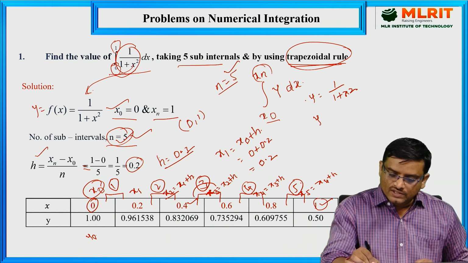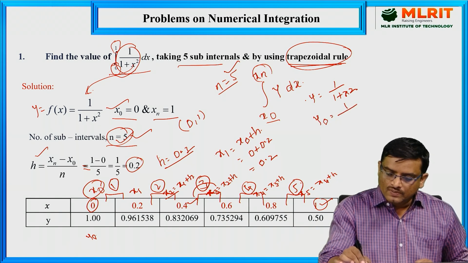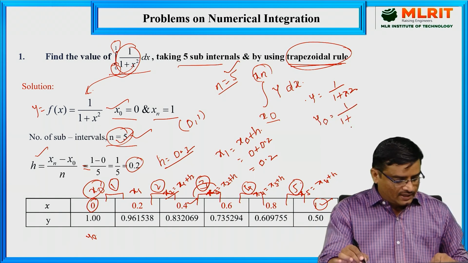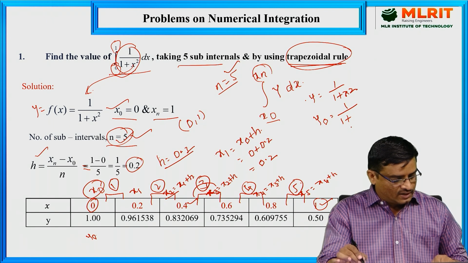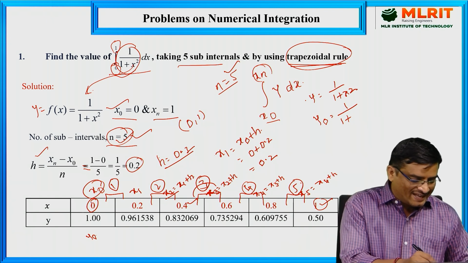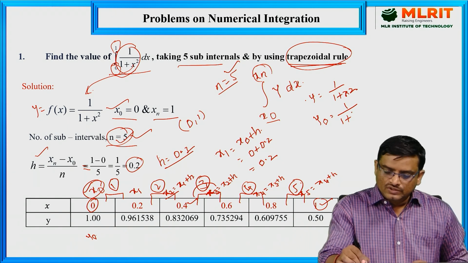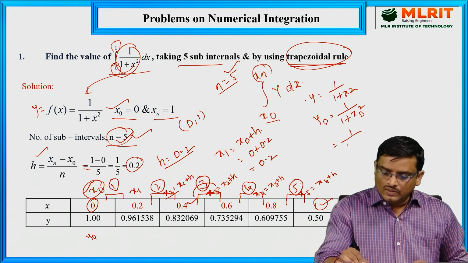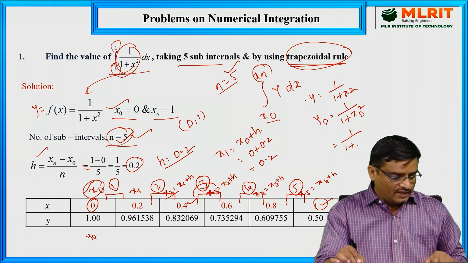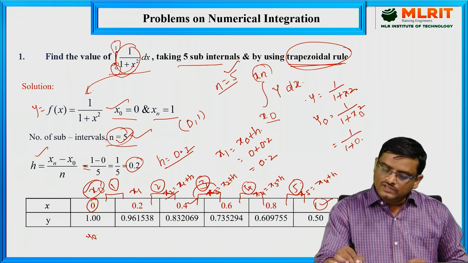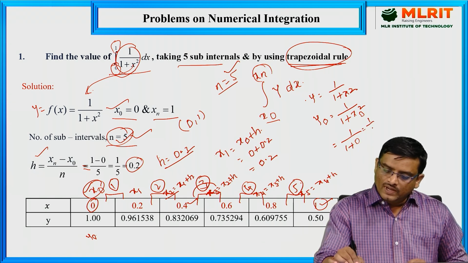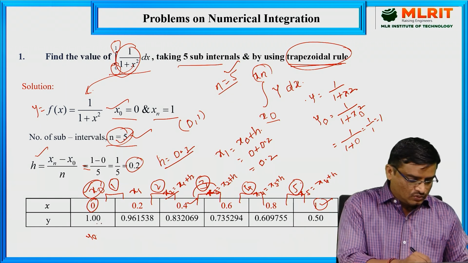So y naught is equal to 1 by 1 plus x naught square, finding it by taking its corresponding x value. x naught is equal to 0, 0 squared is 0. So 1 by 1, you will get this value as 1.